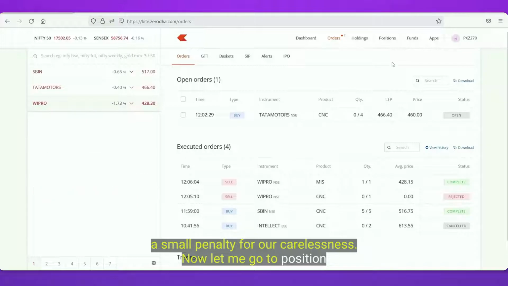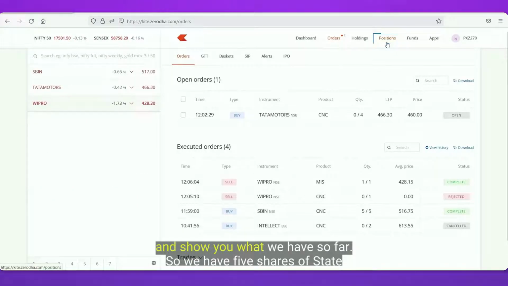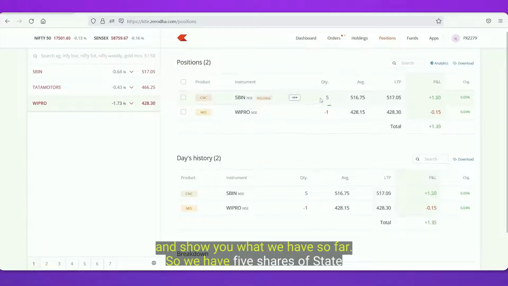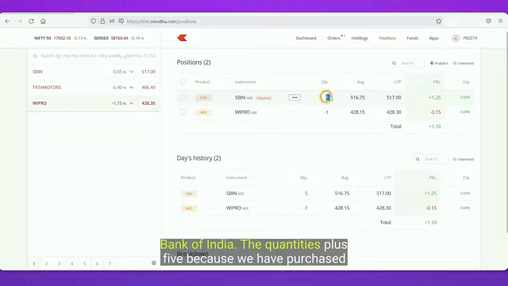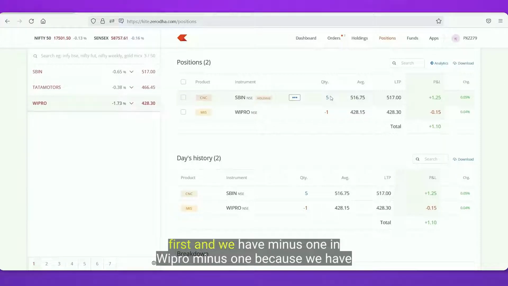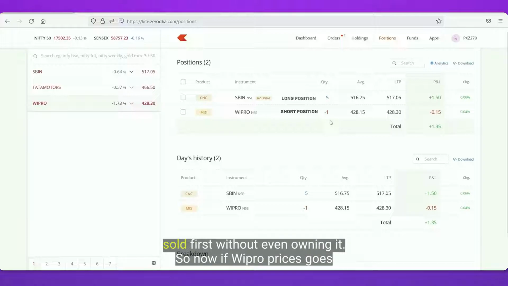Now let me go to positions and show you what we have so far. So we have 5 shares of State Bank of India. The quantity is +5 because we have purchased first, and we have -1 in Wipro. -1 because we have sold first without even owning it.